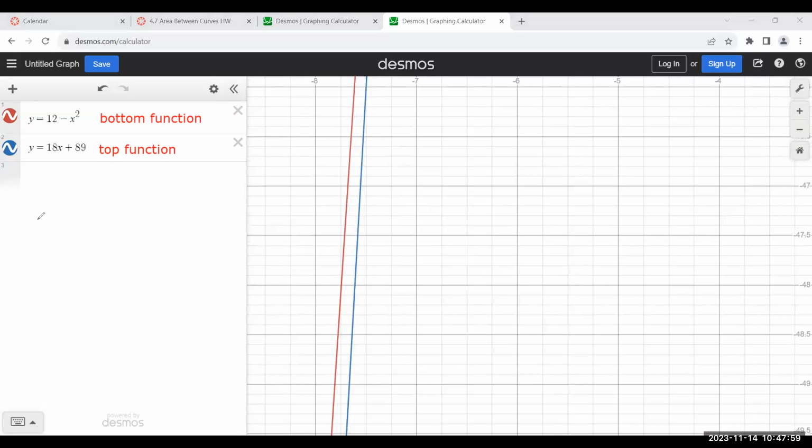Okay, so I'm going to set up the definite integral. So we'll have the definite integral from -4 to 1. And then again, my top function goes first. So I will start off with my top function, which is 18x plus 89, minus my bottom function, which is 12 minus x squared.